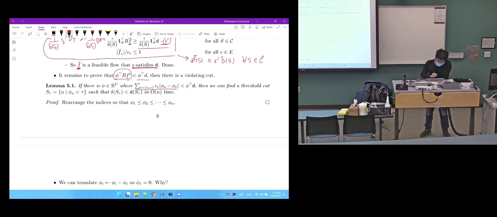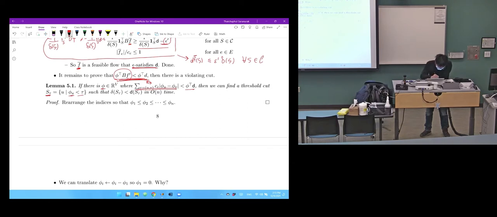I want to prove that if there exists phi such that the following is true, which happens if and only if this is the case, then we can find some cut, and actually it's going to be some threshold cut, S_tau, which is just all the nodes such that the potential is less than tau.